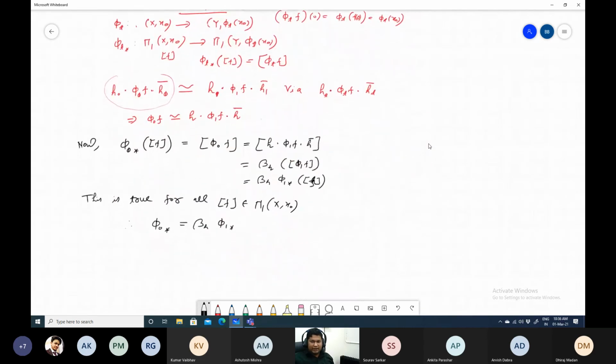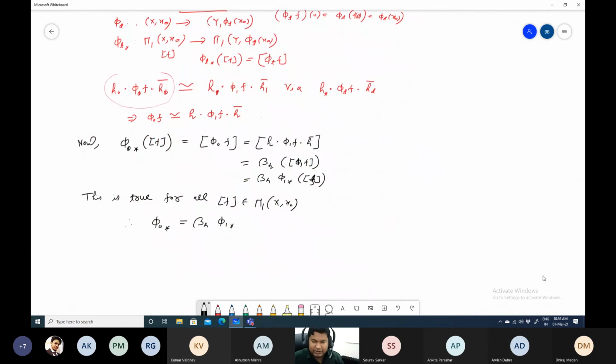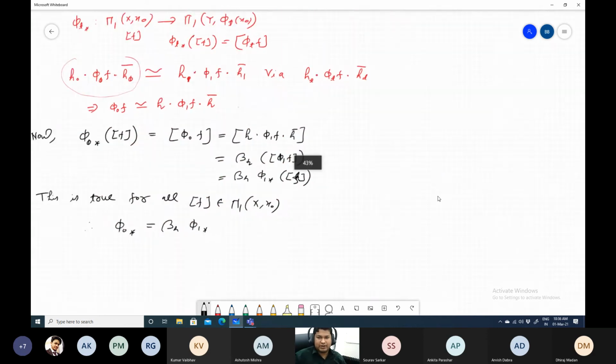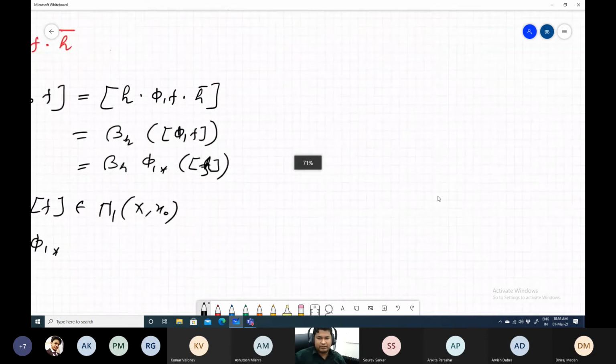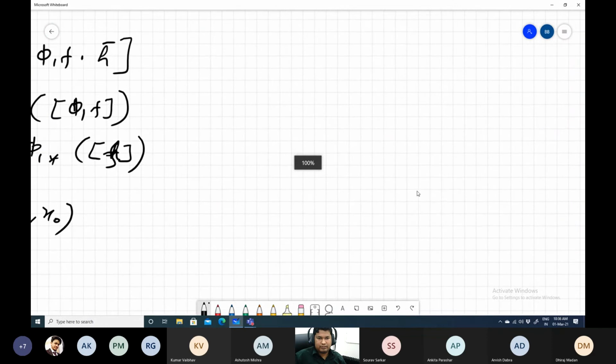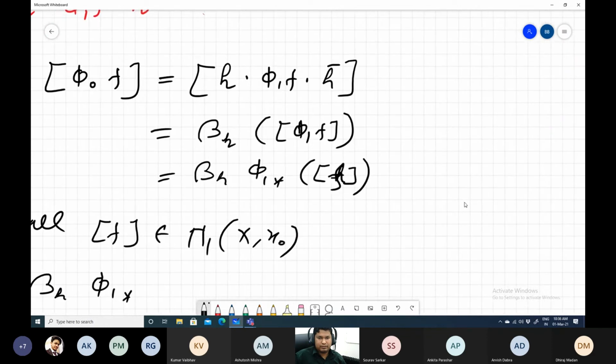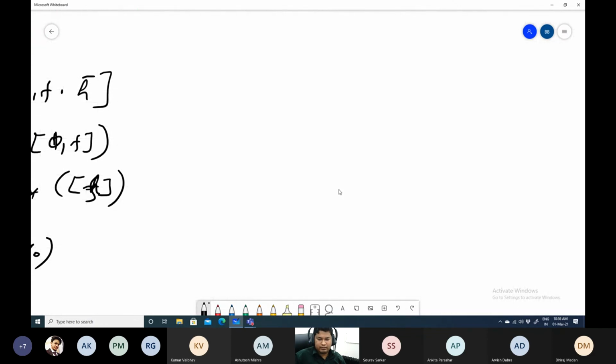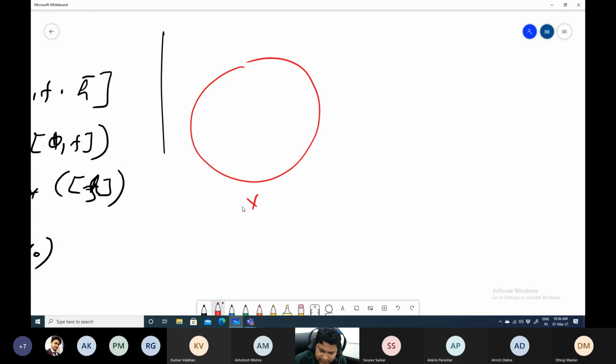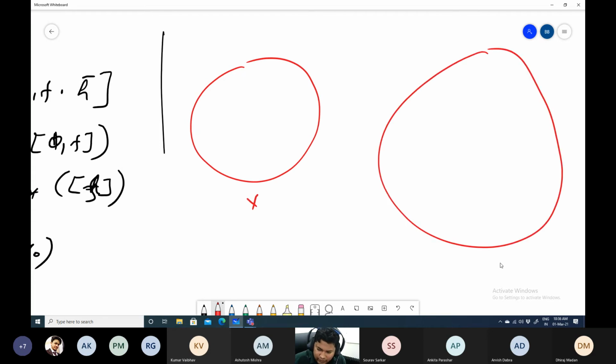Okay. So what is actually the thing geometrically? So you should understand that. So this is my x and this is my say y.